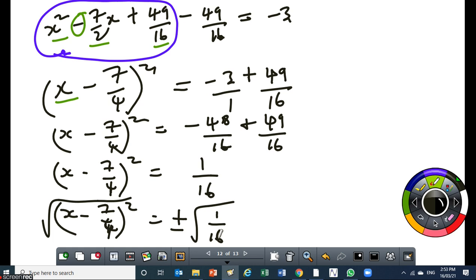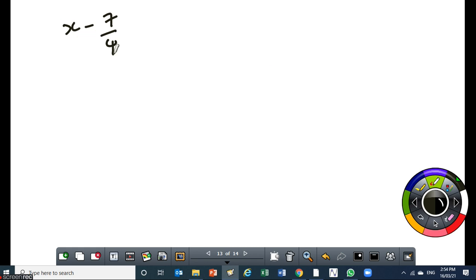Don't worry, I'm going to simplify that. I'm not done yet. Remember, I'm doing step by step. So the next step, the square root of this is going to be x minus 7 over 4. That's equal to plus or minus 1 over 4.